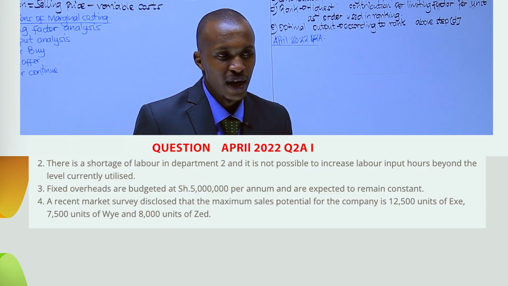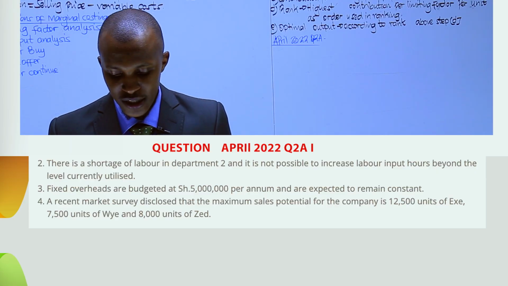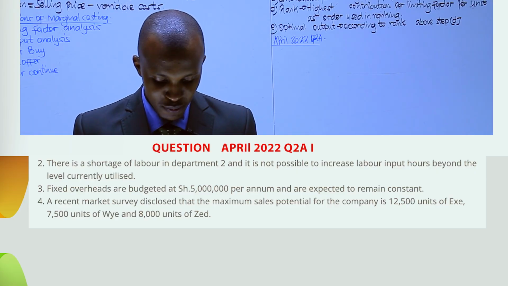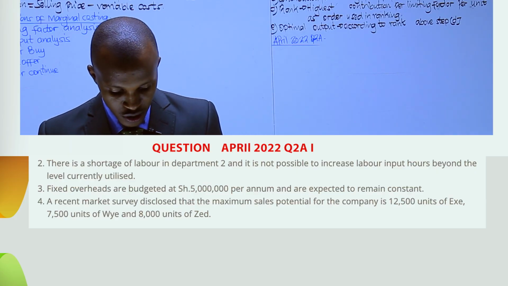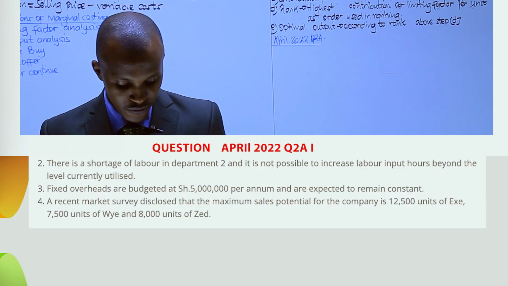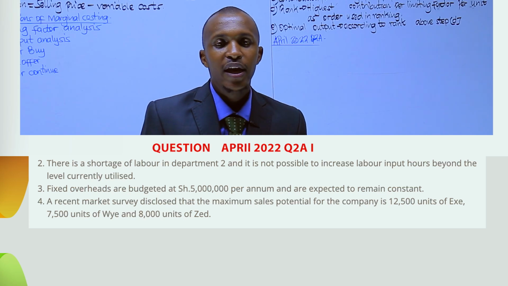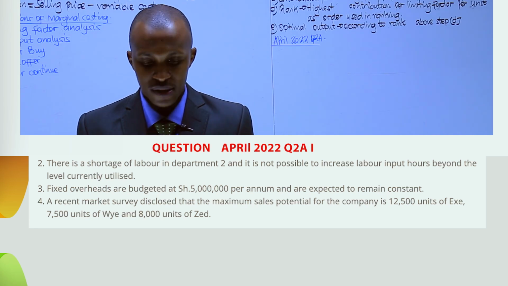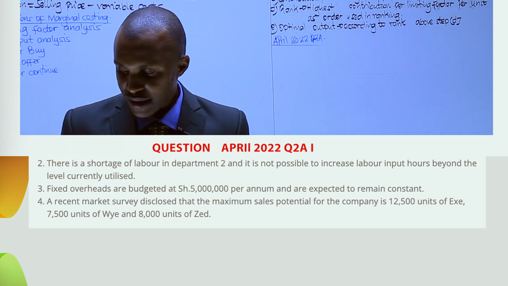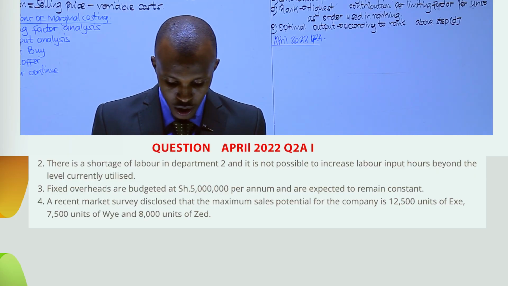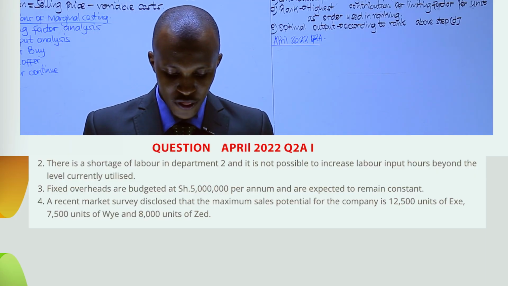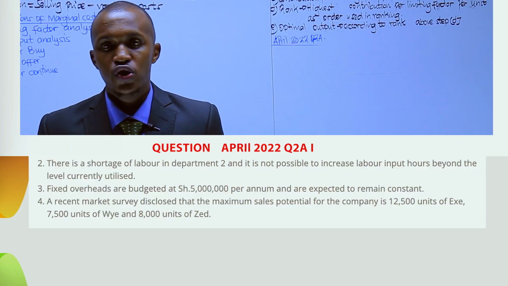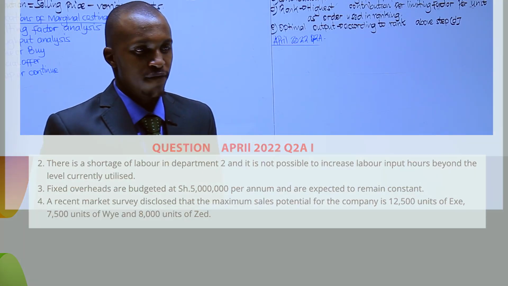A recent market survey disclosed that the maximum sales potential for the company is 12,500 units of X, 7,500 units of Y, and 8,000 units of Z. Advise the management of Zinc Limited on the most profitable production mix and the optimal profit using limiting factor.